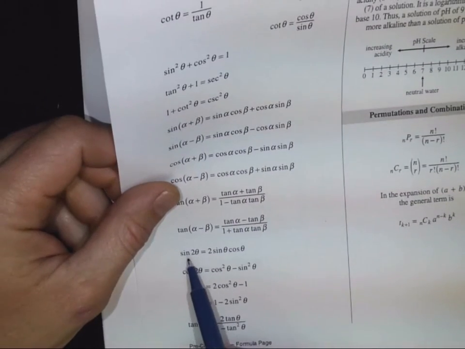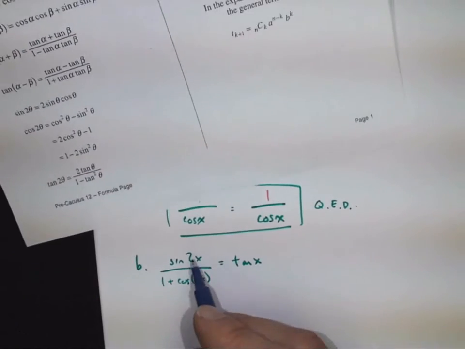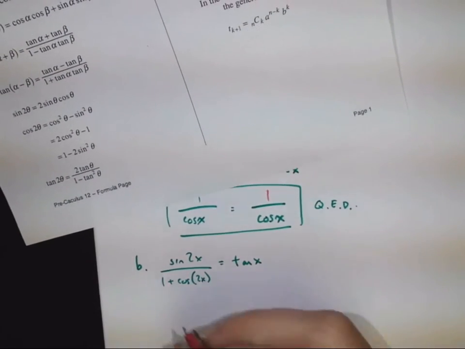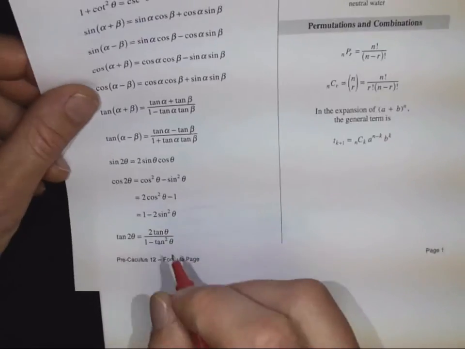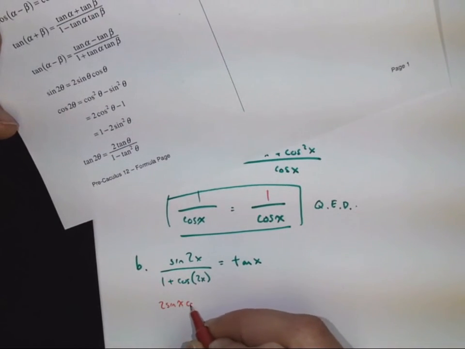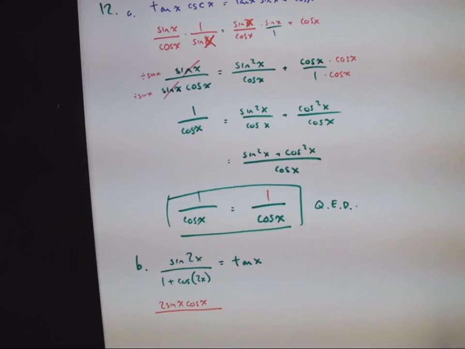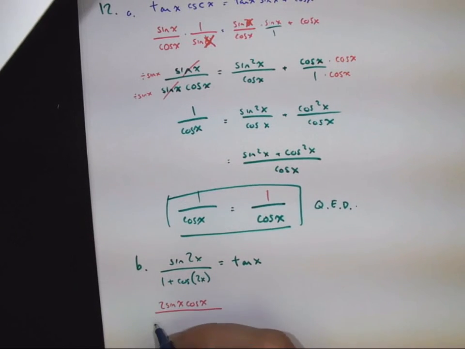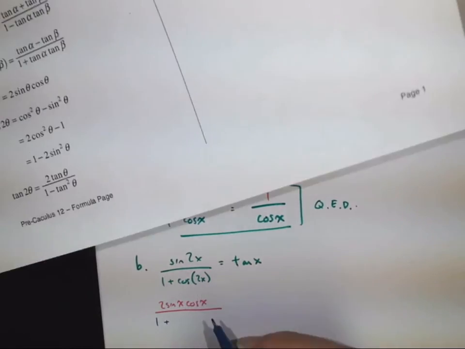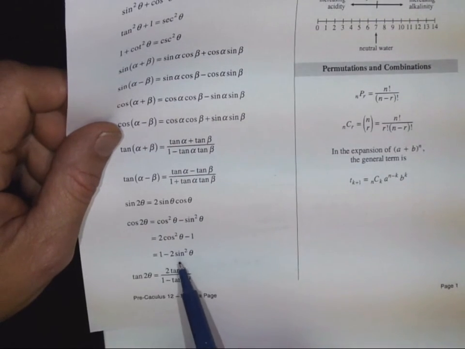If anything has sine 2 theta, we should turn that into sine theta and cosine theta as well. So we'll turn this top into 2 sine x cosine x, using this identity here, over, I guess we can't change that 1 right now, but cosine 2x, we can choose any of these 3 to represent cosine 2x.